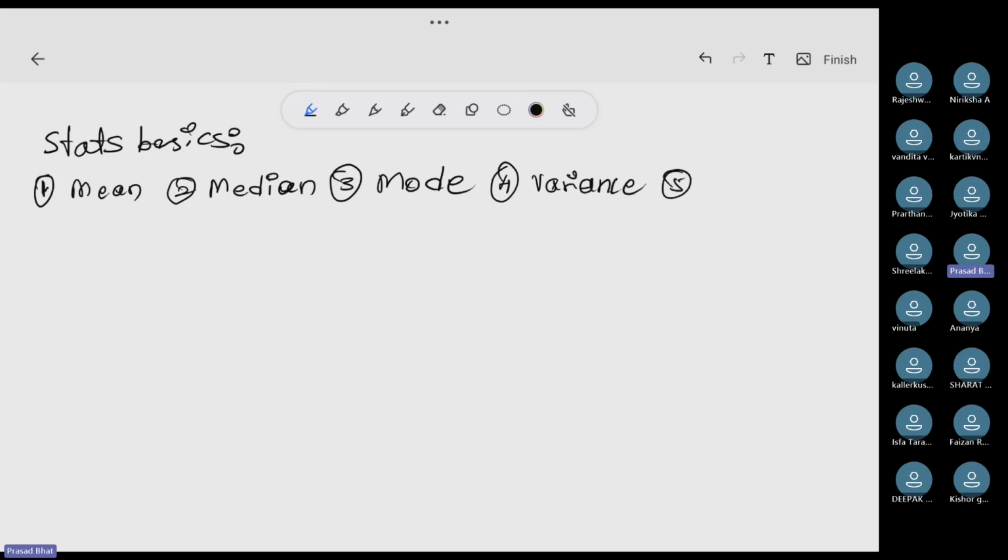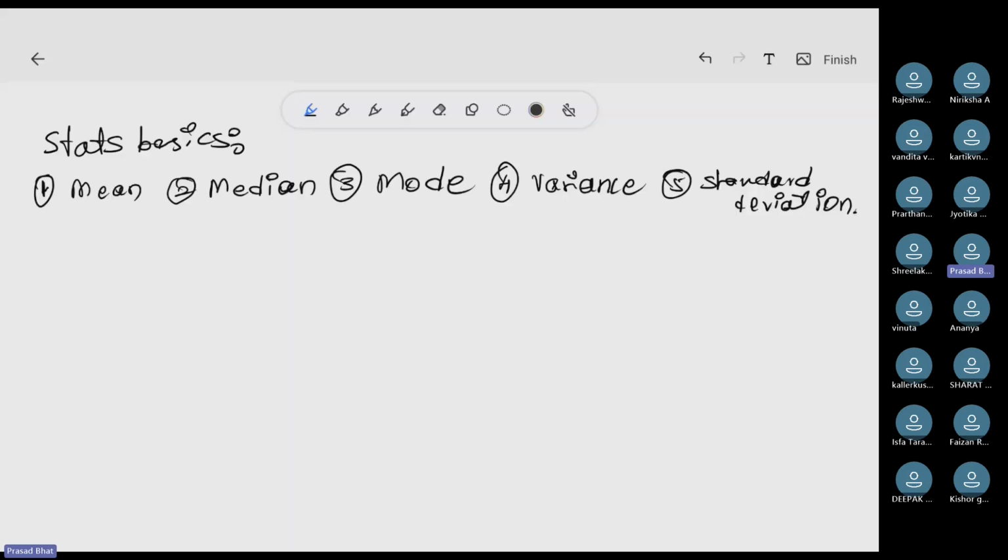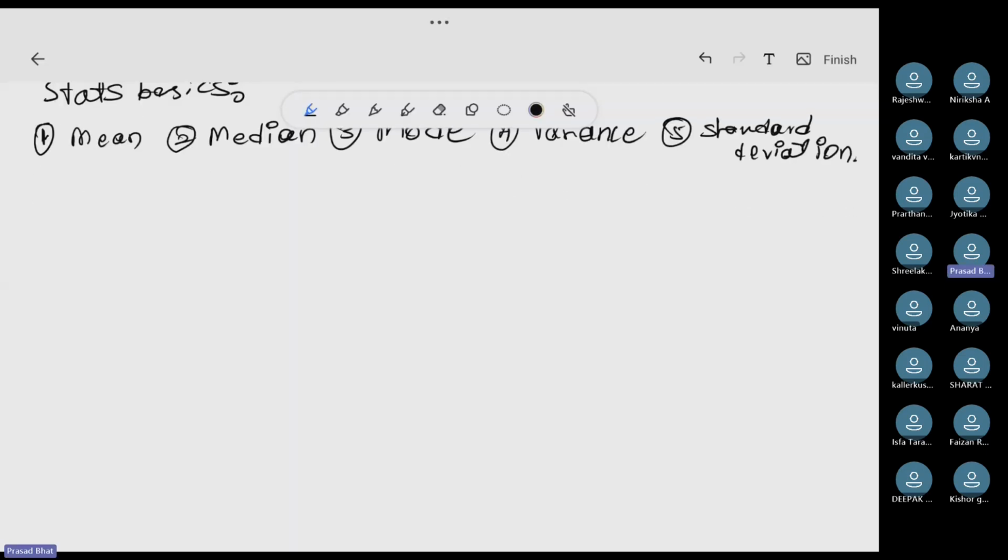Then another thing we have is standard deviation. Can you guys tell me how many of you are already familiar with all these words? Two, three, six, seven, eight. Okay, cool. I think most of you already know the names at least.